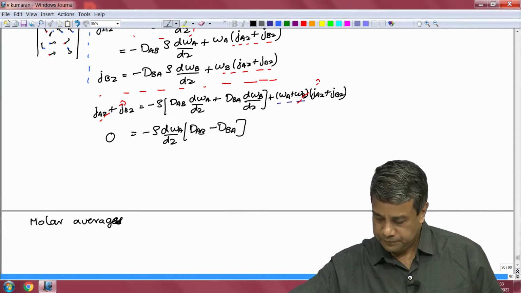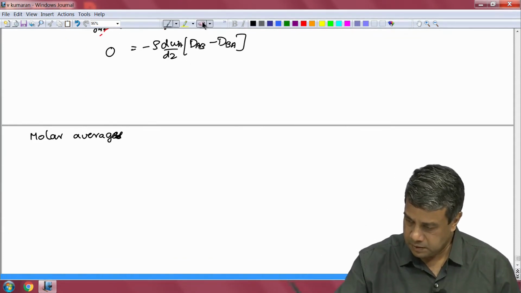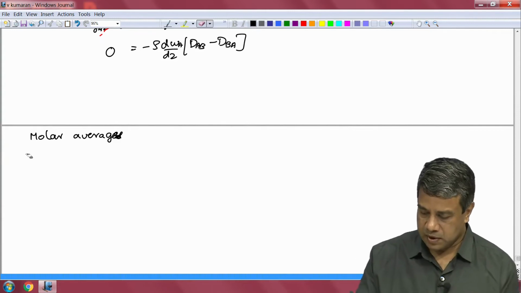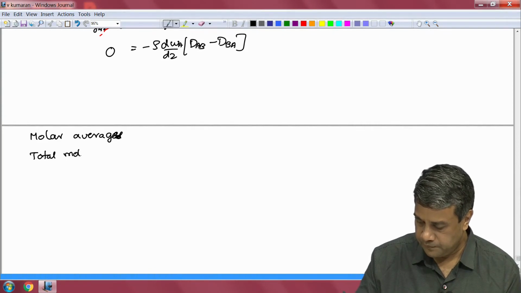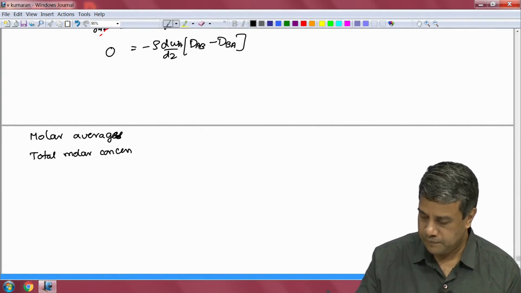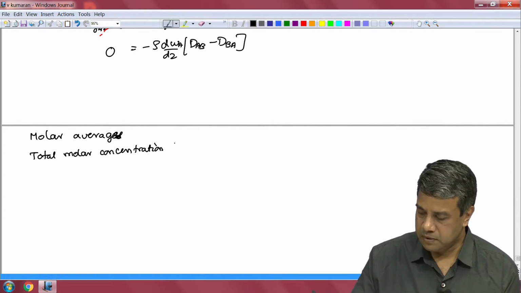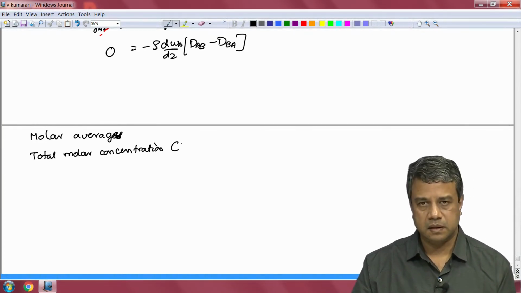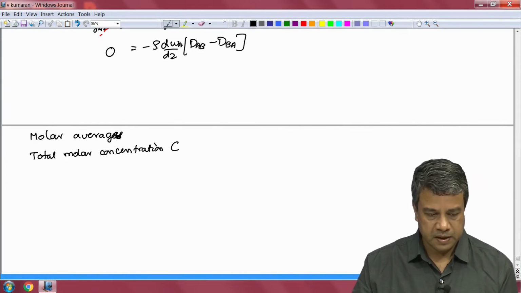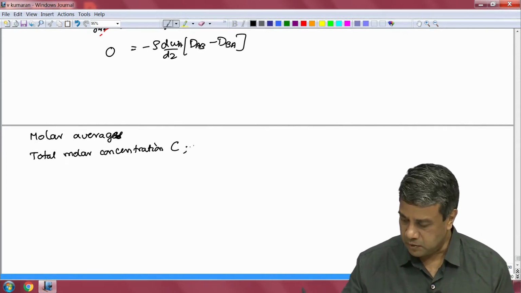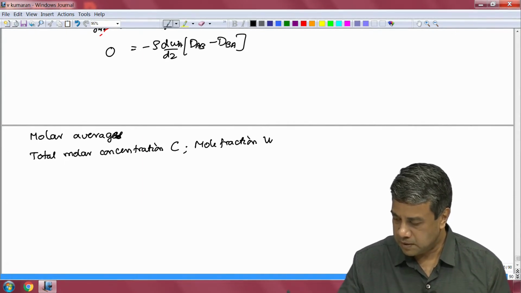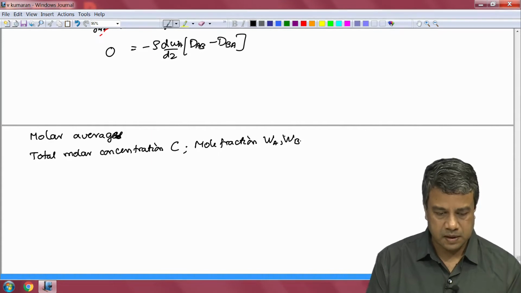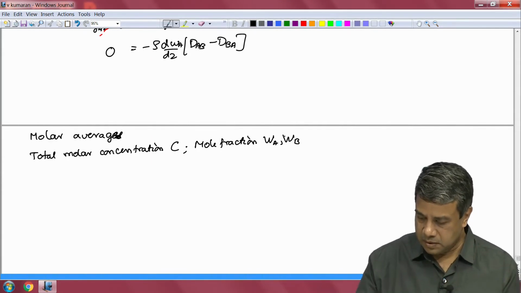The total molar concentration, I will use the notation C, and I will use the mole fractions capital WA and capital WB, and the molar fluxes.